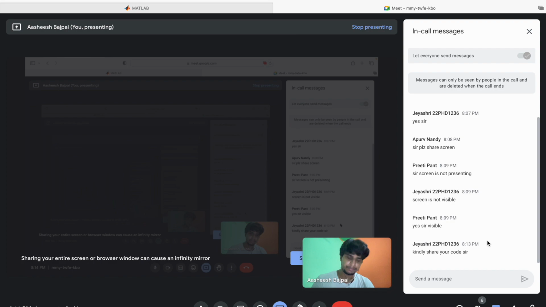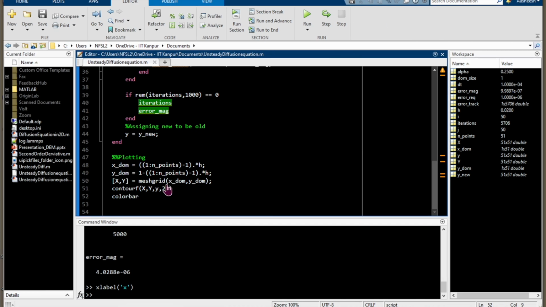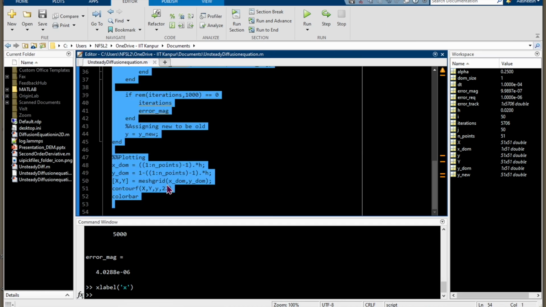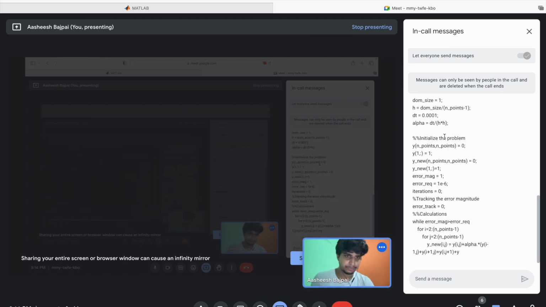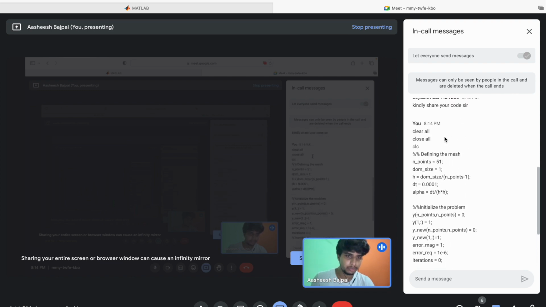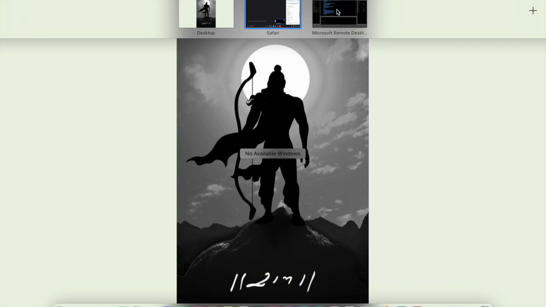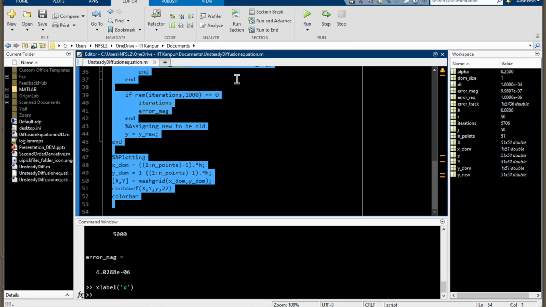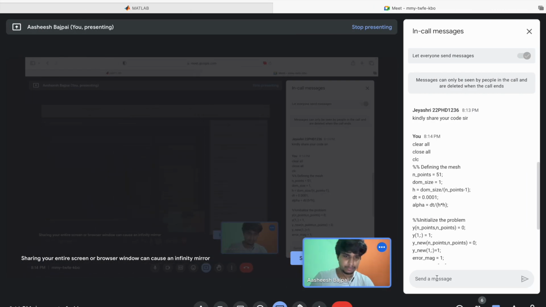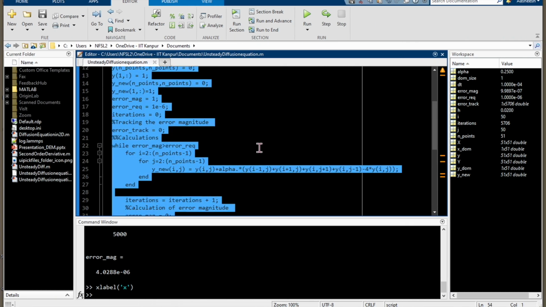After 1 hour, okay, someone is asking to share my code. I'll share it in the chat box. You can copy paste it. I shared it already, Jayashri. I think not the total. Don't ignore it. I'll share the total code. It's not the total. There are some lines.